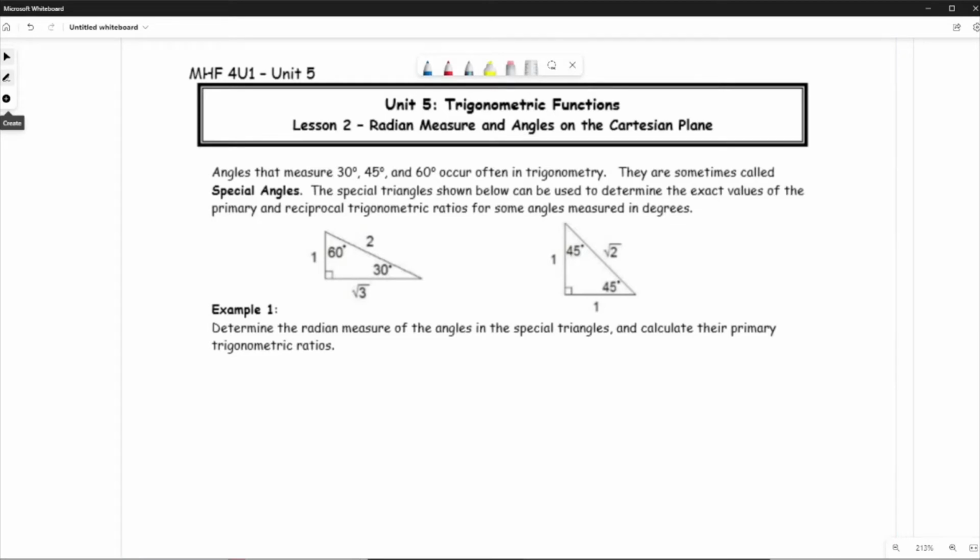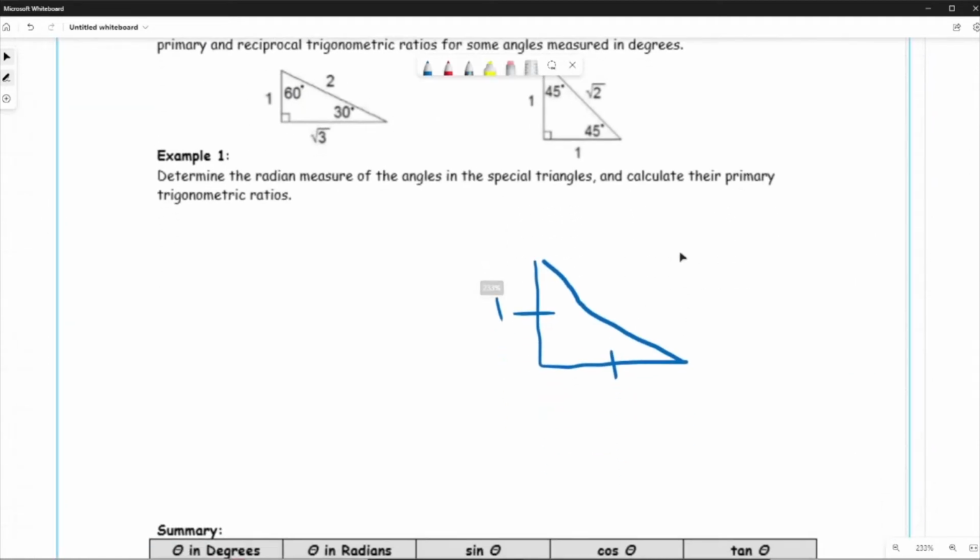So in the first triangle, we have two sides which are the same, so we have that side and that side, and then we have a third side. Sorry, I'm going to be very poor at drawing these things with my tablet. This is a 1, this is a 1.